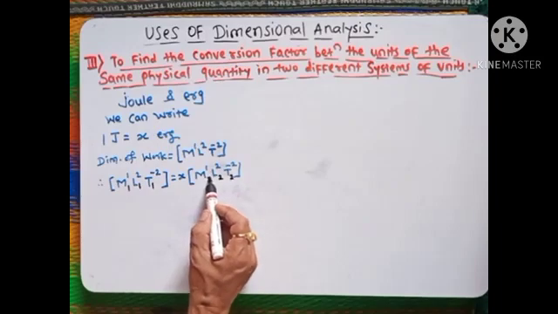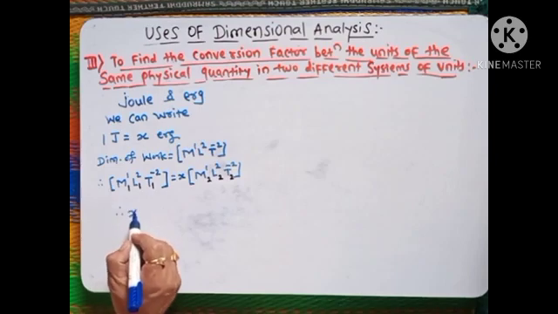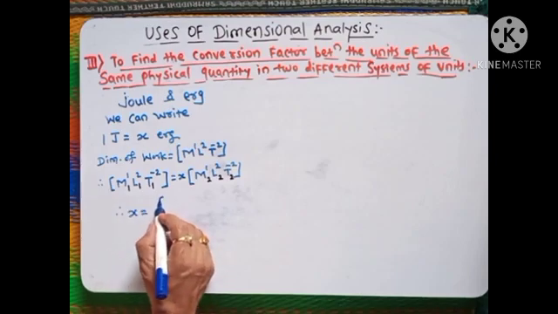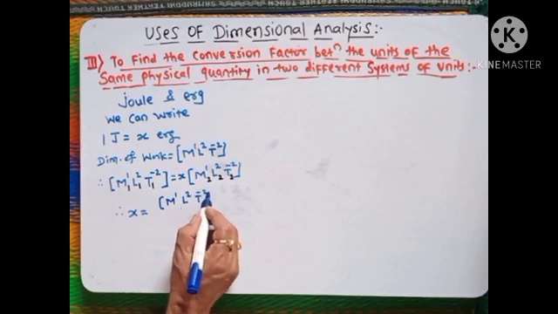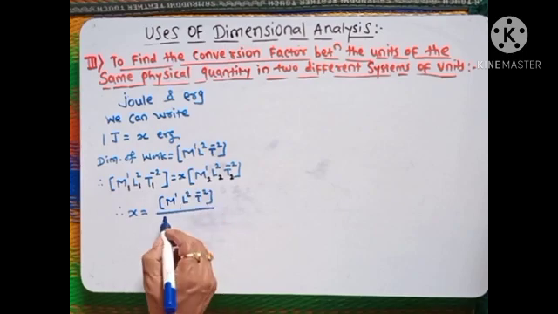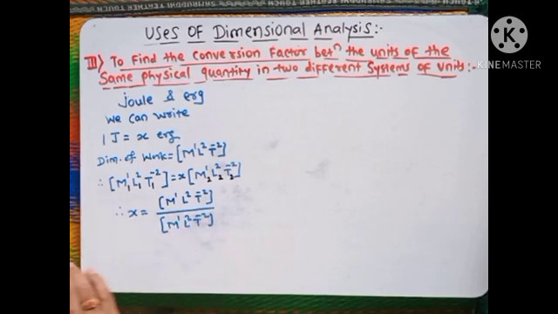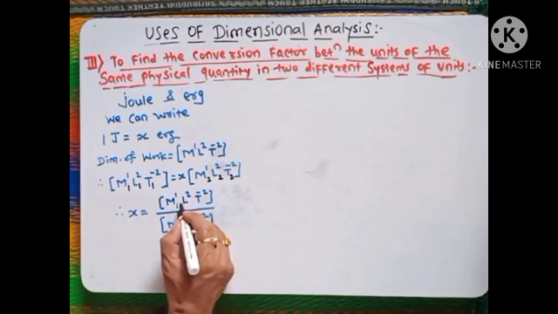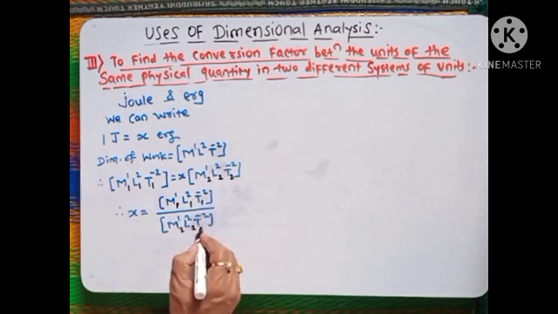This suffix 2 is for the CGS unit, and therefore I can write x equal to, this is unknown, then M L^2 T^-2, with suffix 1 1 1 and here 2 2 2.